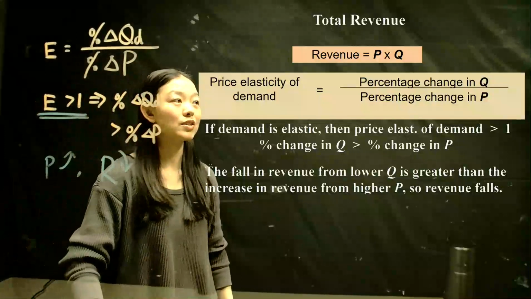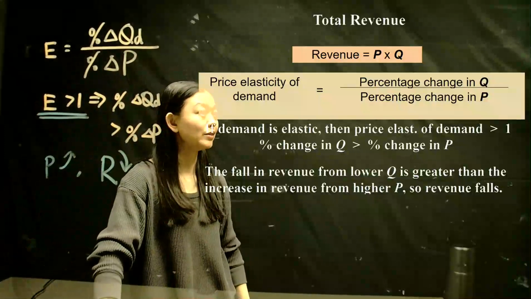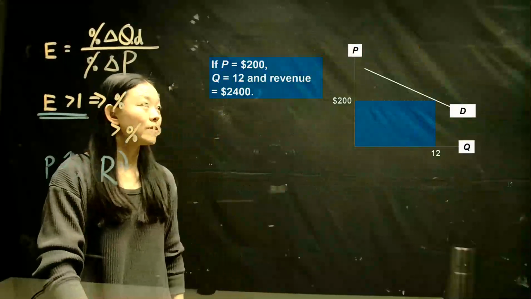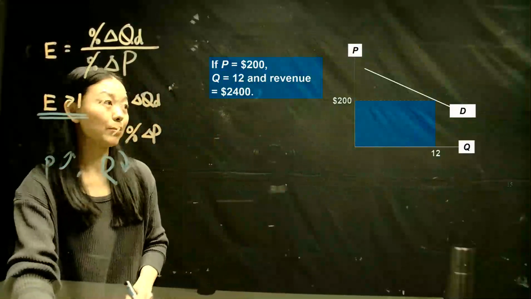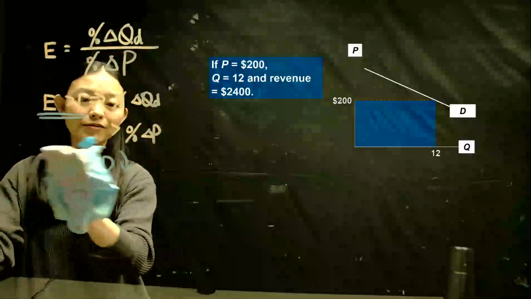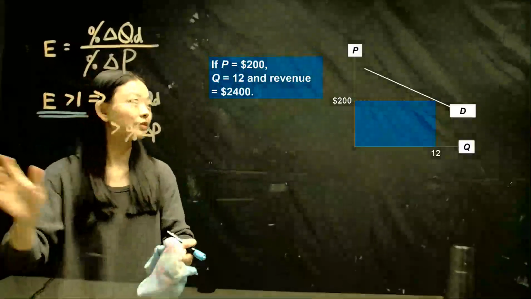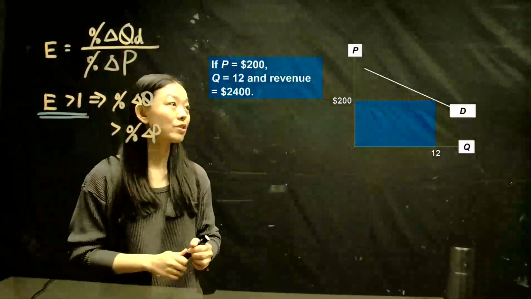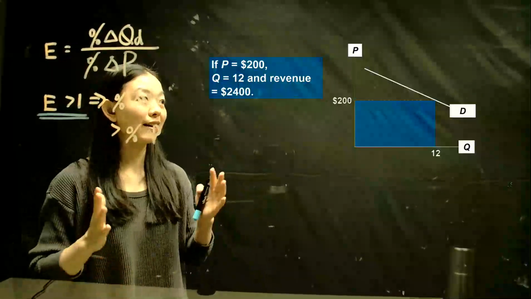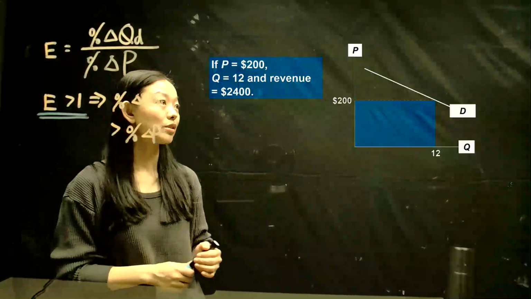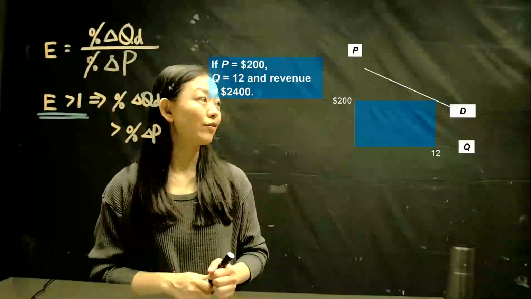Let me show you this example. You can see that in this example, the price equals $200, and at that price we can sell 12 units.